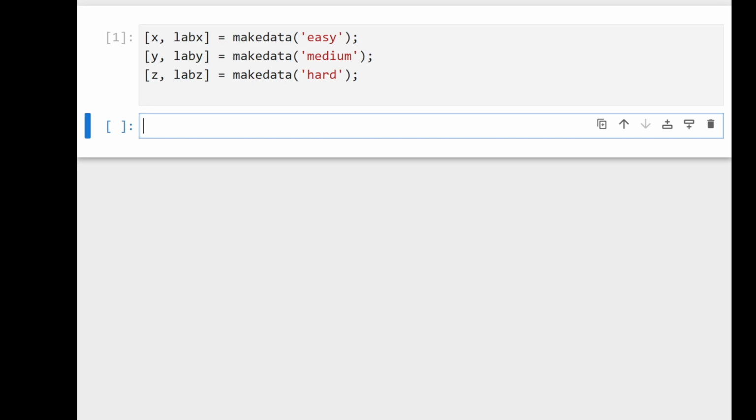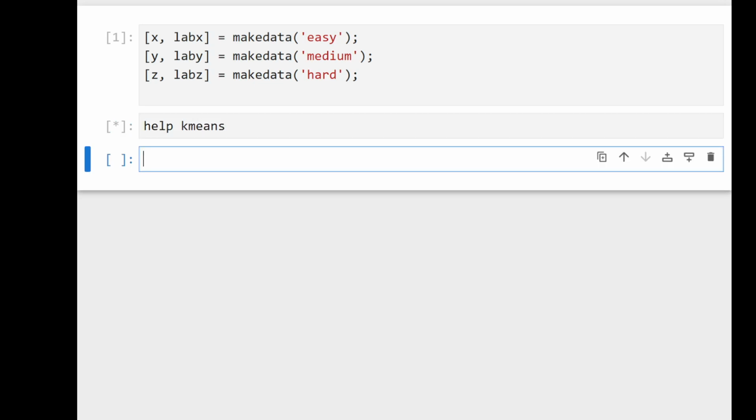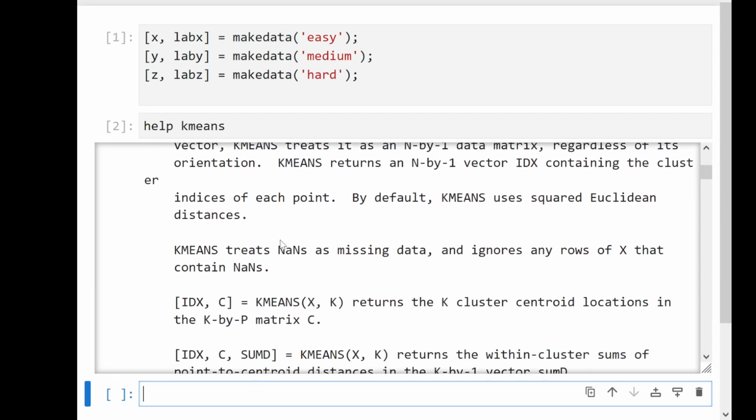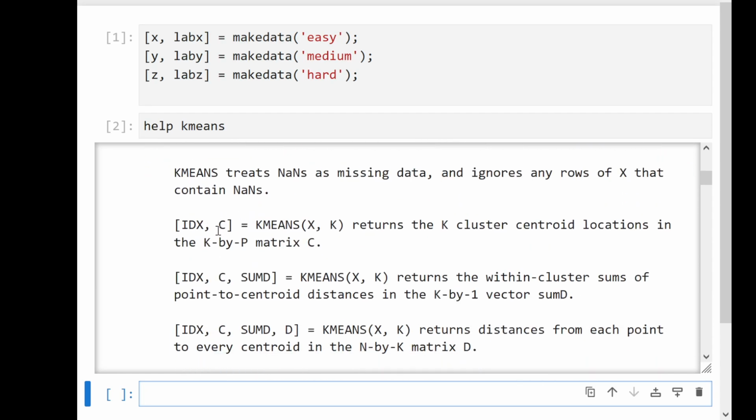All right, so the workhorse function in MATLAB is called kmeans. If I do help kmeans, I see that there is a MATLAB function called kmeans that I supply X and K. What comes out is the indices of which point belongs to which cluster, that's idx, and then C is where the cluster centers are.